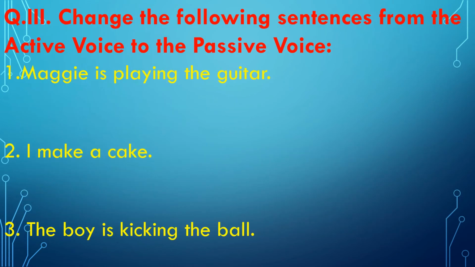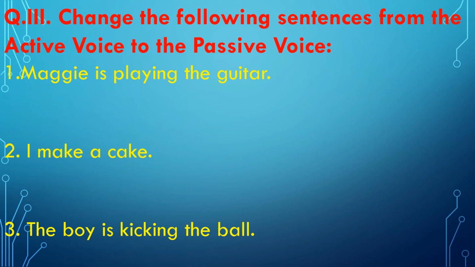Question three. Change the following sentences from active voice to passive voice. "Maggie is playing the guitar." In this sentence, Maggie is the subject. Playing is the verb or action which is done by Maggie. The object is guitar.